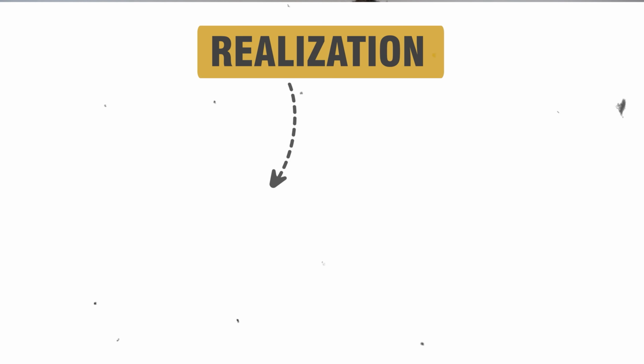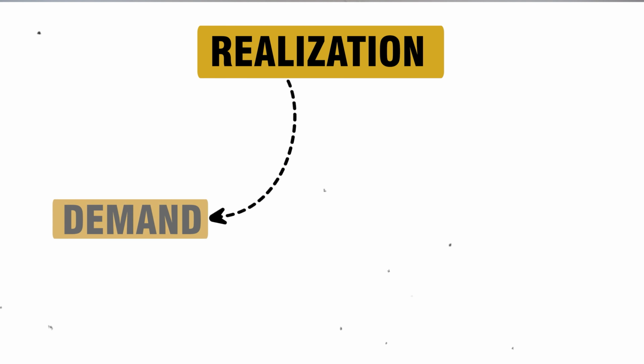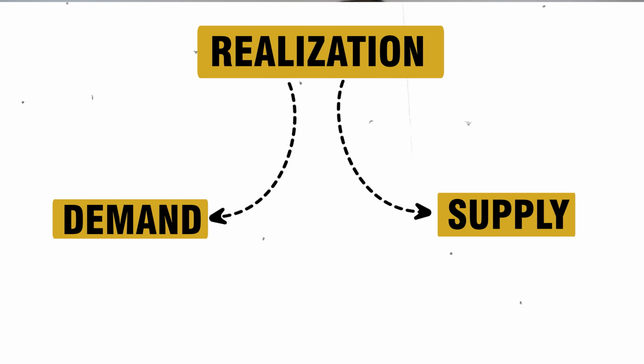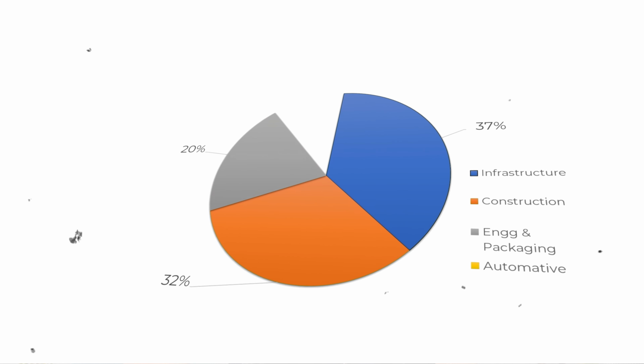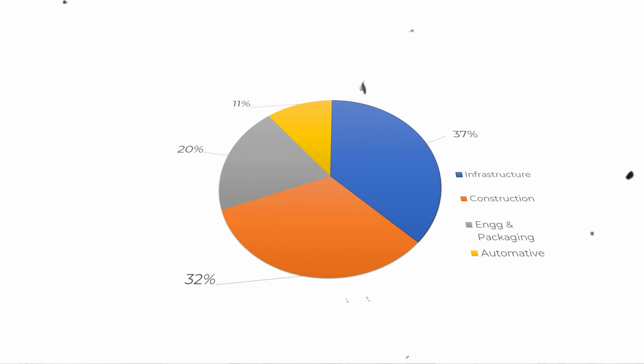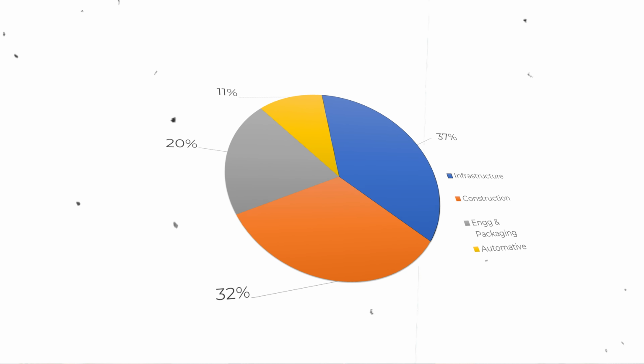Now, realization is a function of the demand and supply of steel in the market, and neither of those is in the control of the company, because they are external factors. Demand for steel products is dependent on four major industries: construction, engineering and packaging, automobiles, and the fourth one, which you should be able to see on the screen.